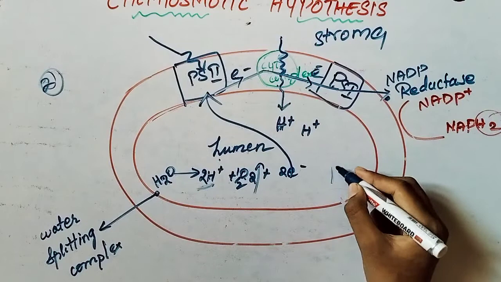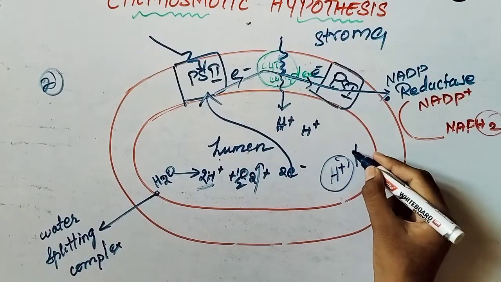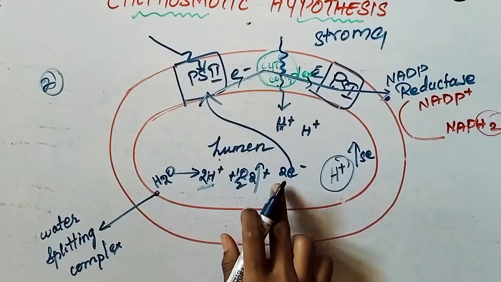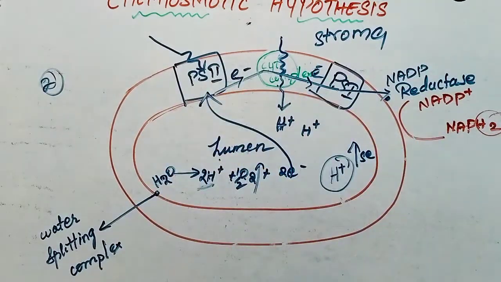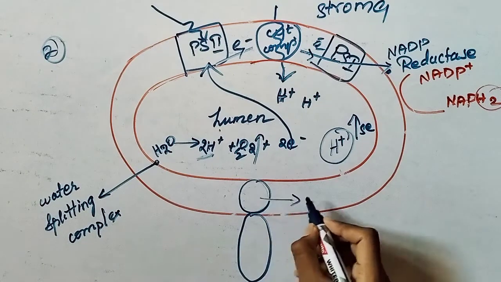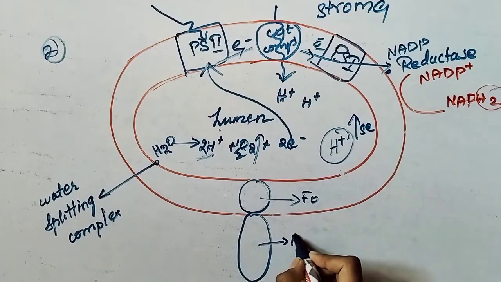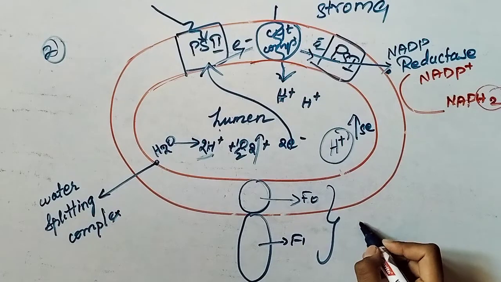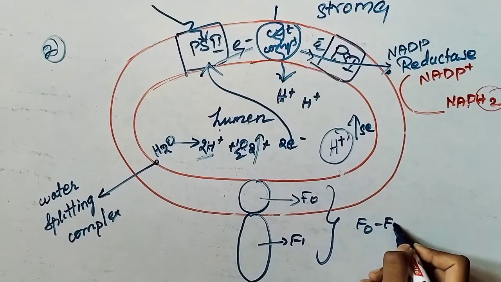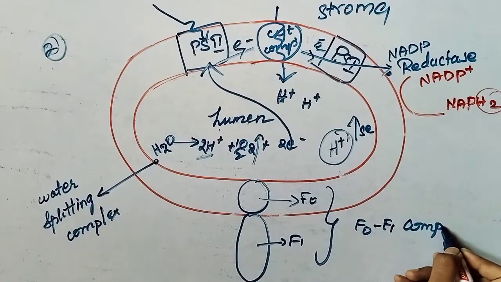So the hydrogen is increased, more concentrated inside. And here we have one more structure, that is F0 and F1 complex. This is together known as the F0 F1 complex.